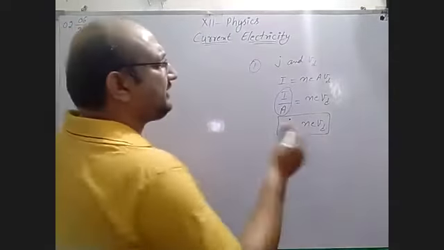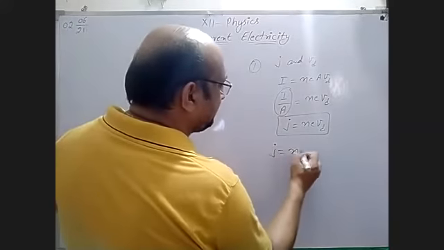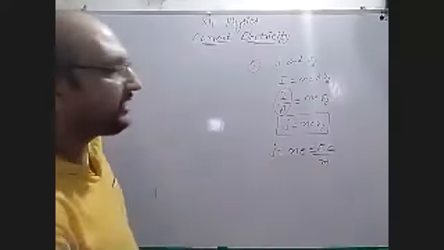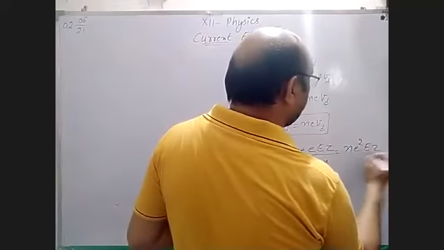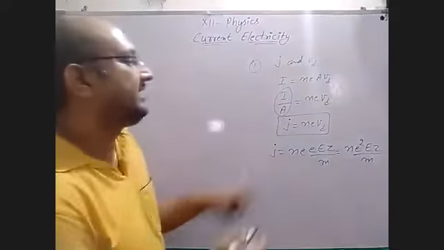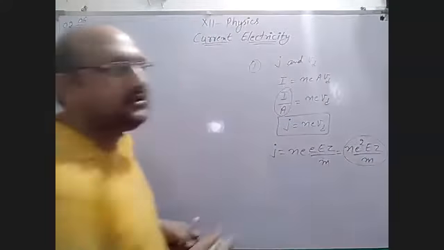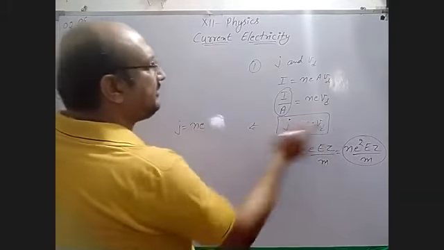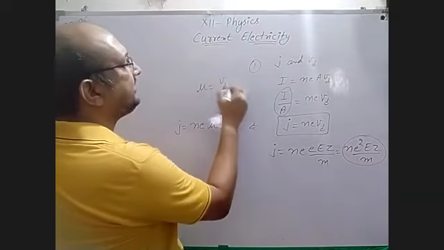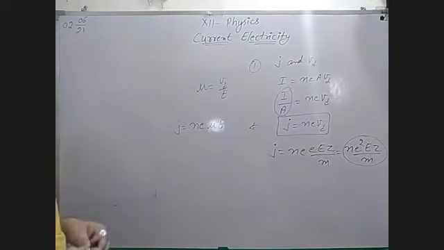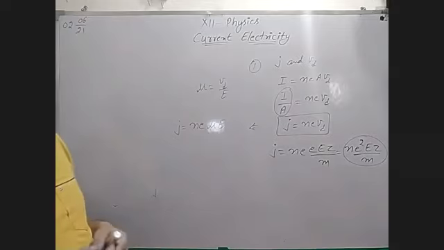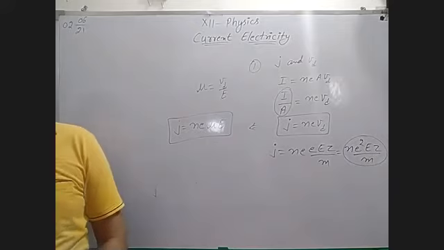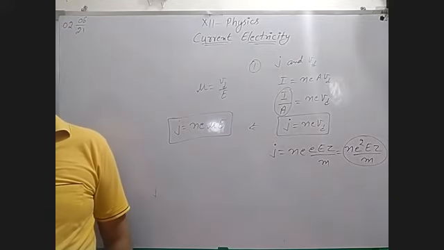Between current density and drift velocity, if I write drift velocity in terms of relaxation time, this is the relation between current density and relaxation time. Next, J is equal to NE times VD, and VD is equal to mu E, the ratio of drift velocity and electric field, where mu is mobility and E is the electric field. In this way, you can write all these values.